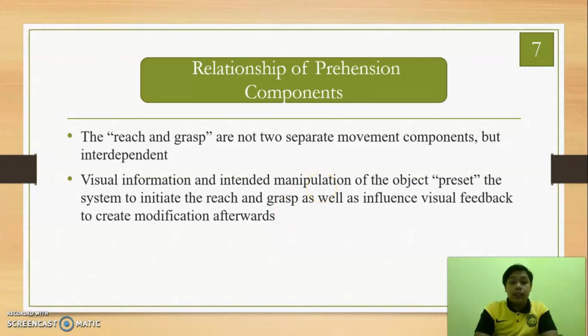In other words, the relationship of the prehension components is about the motor control question concerning the spatial temporal relationship between the transport and the grasp components. The initial views proposed the independence of the components, but recent evidence shows a strong temporal relationship.